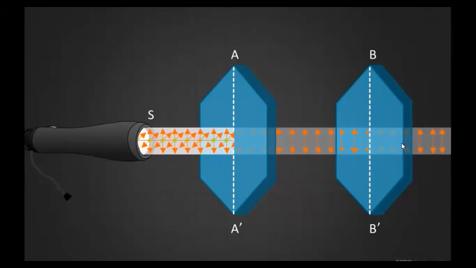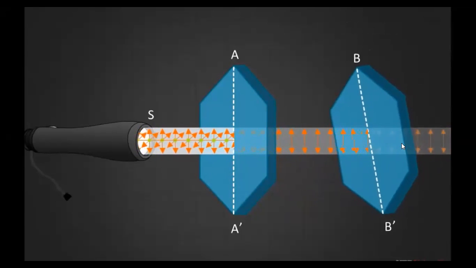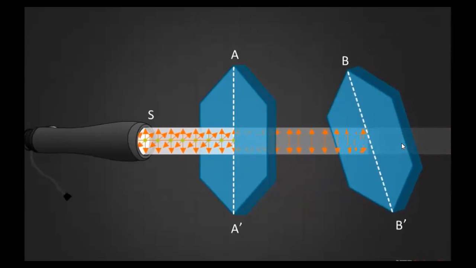In this position, the crystals A and B are said to be in parallel position. We now rotate the tourmaline crystal B about the light beam SO as axis. We observe that the intensity of the emergent beam from crystal B further reduces.